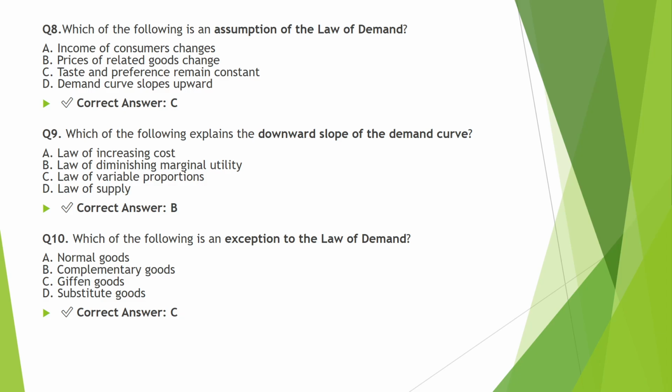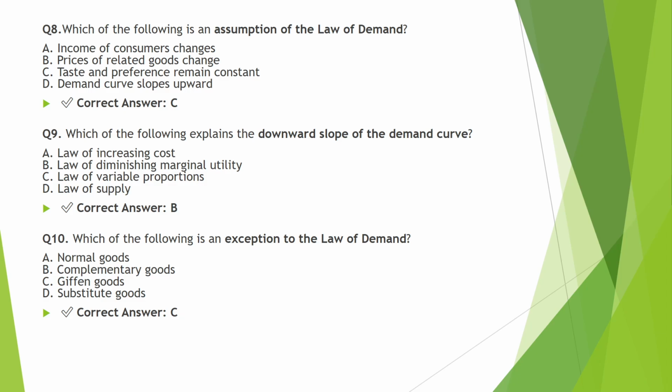Option A is income of consumers changes. Second is prices of related goods change. Third is taste and preference remain constant. This is the assumption. So option C is the assumption of the law of demand.